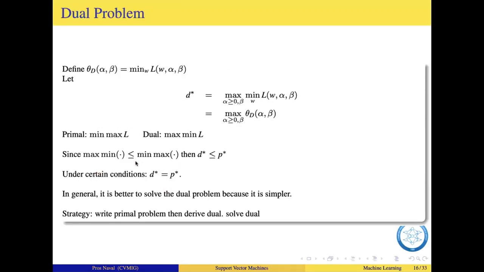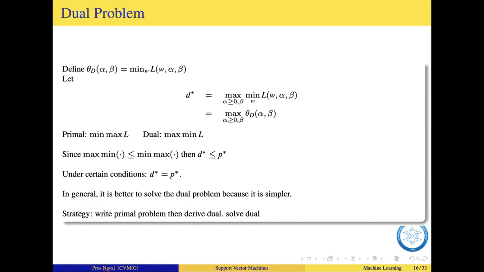Now, under certain conditions, the two values become equal. And we will see what these conditions are. Also, in general, it is better to solve the dual problem because it is a simpler problem, as we shall see for ourselves in a short while.